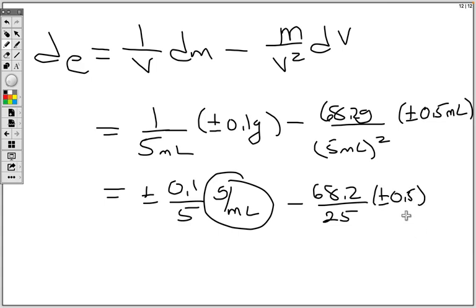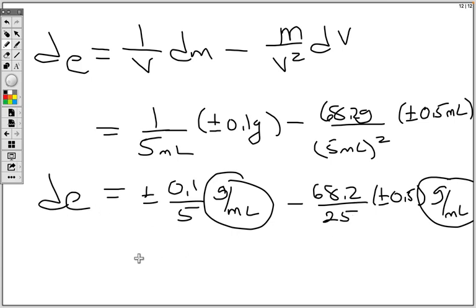And if I look at the units here, I'd have grams per milliliter squared times milliliters. So one of those milliliter factors would cancel out, and I'd have grams per milliliter. So I'm getting units of density, which is good, right?